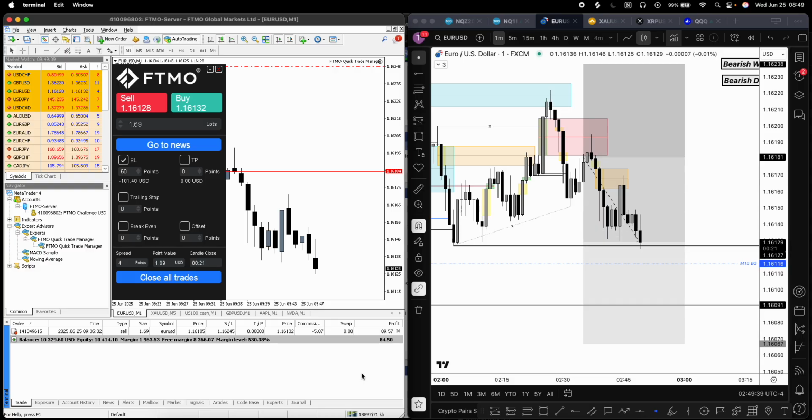Okay, we've broken that level. We may see a temporary move to the upside after that. Preferably we want to see acceleration past it and beyond it.